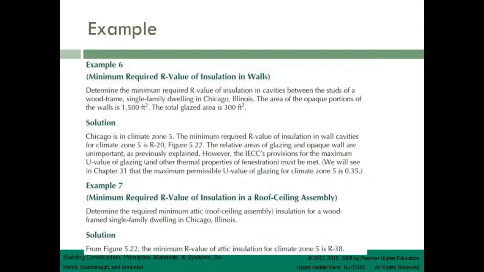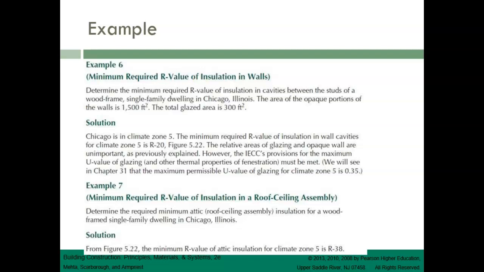So here's an example. Determine the minimum required R value of insulation in cavities between the studs of a wood frame single-family dwelling in Chicago, Illinois. The area of opaque portions of the walls is 1,500 square foot. Total glazed area is 300 square foot. The areas of glazing and opaque area of the wall is really not considered in this case.